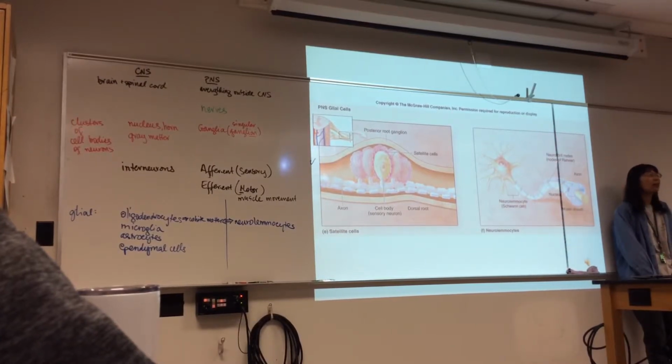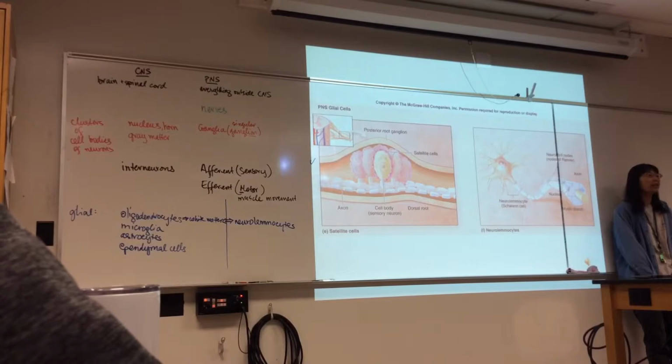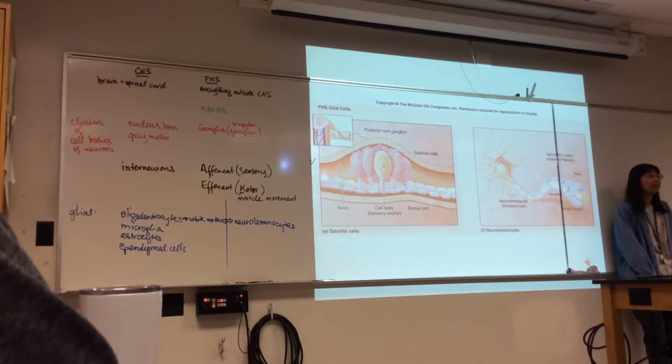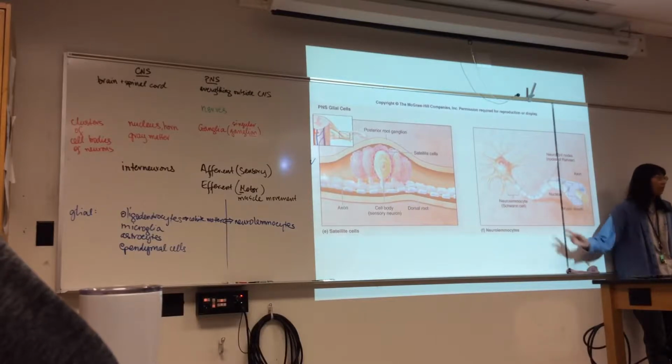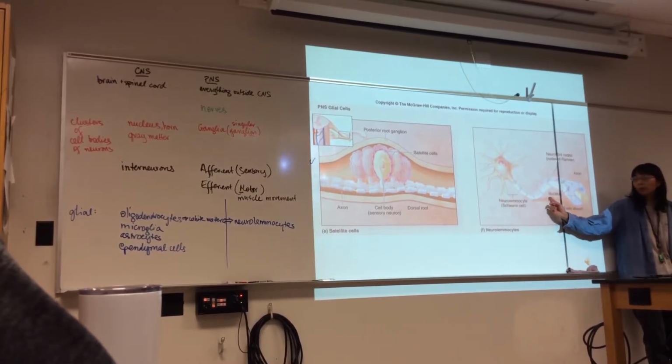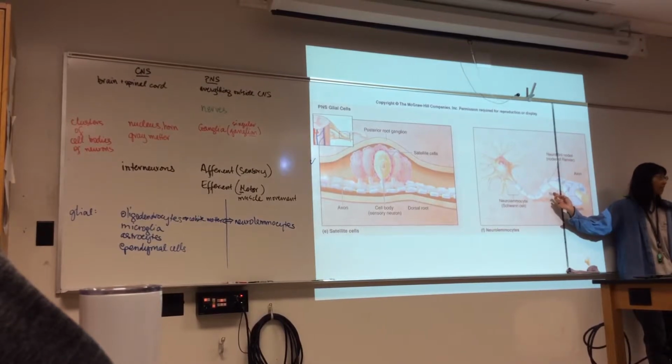How is the neurolemmocyte different from the oligodendrocyte? There are multiple neurolemmocytes around one axon.